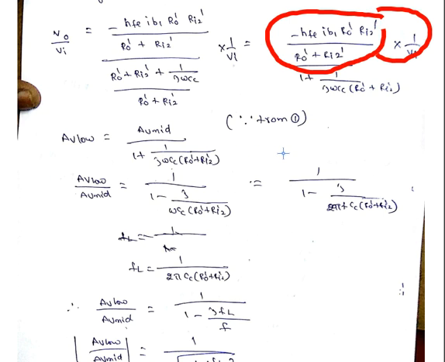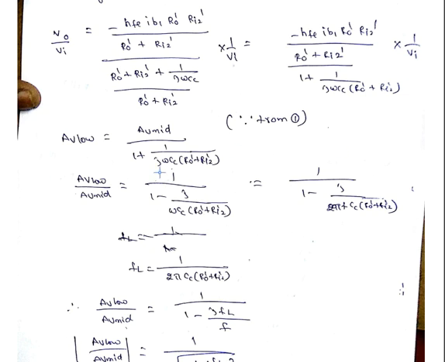So AV low is equal to AV mid divided by 1 plus 1 by j omega CC (R0 dash plus RI2 dash). So AV low by AV mid is equal to 1 by 1 minus j by omega CC (R0 dash plus RI2 dash), where the 1 by j is brought to the numerator.